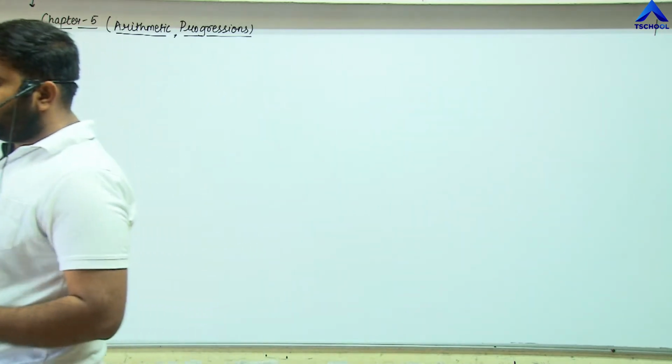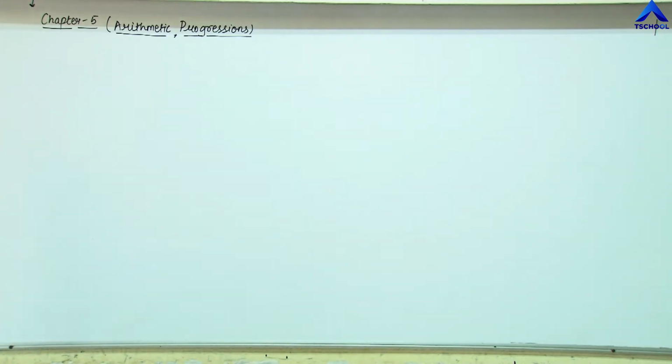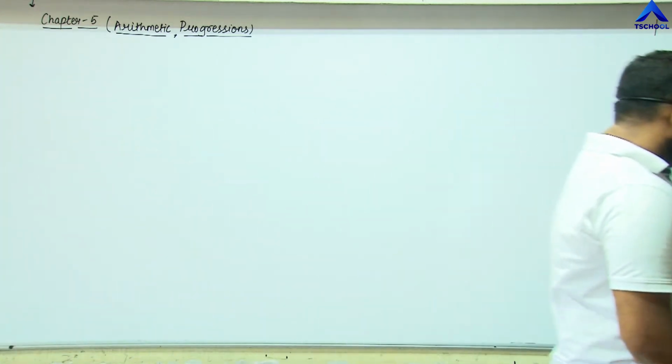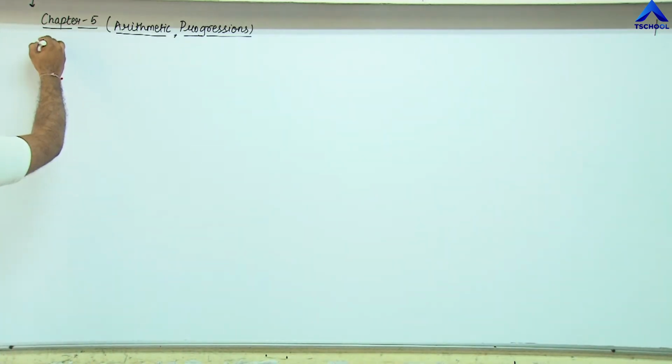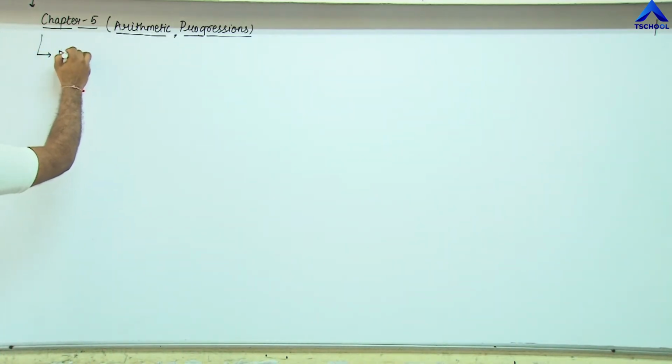So if I want to define an arithmetic progression, how can I write it down?